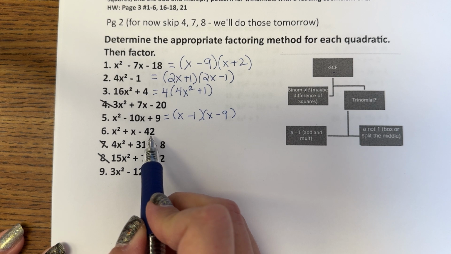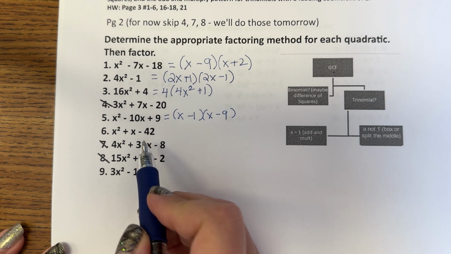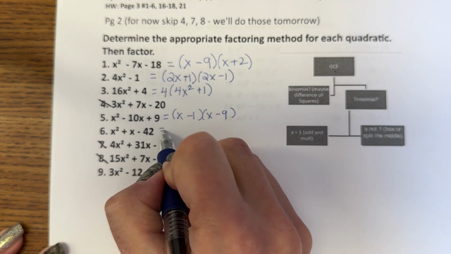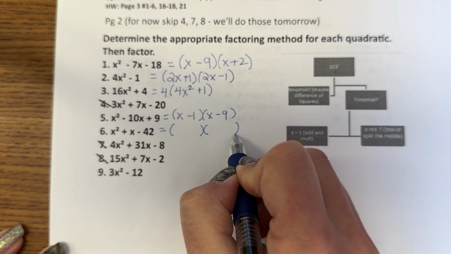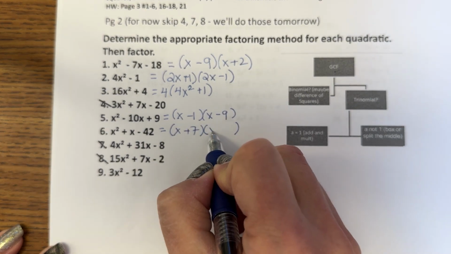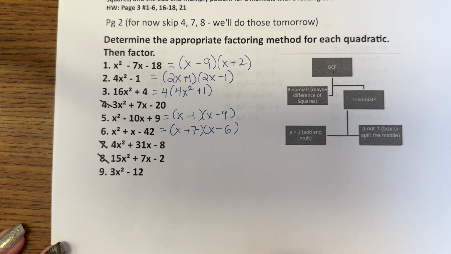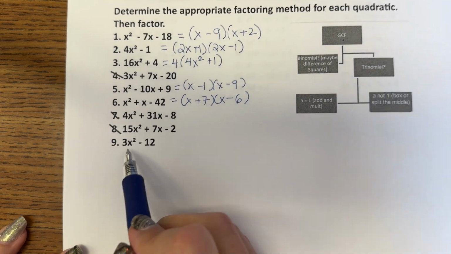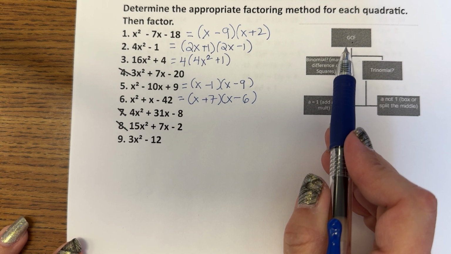Greatest common factor? No. Trinomial. What multiplies to negative 42 but adds to 1? It's going to be positive 7 and negative 6. 7 and 8, those are tomorrow. All right, 9. Greatest common factor? Yes.